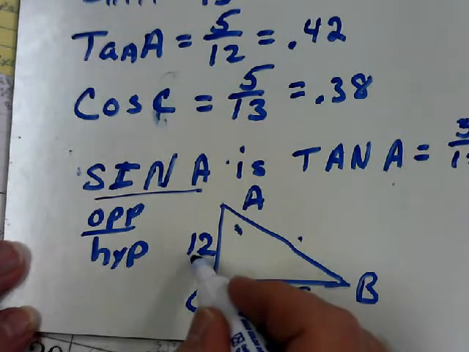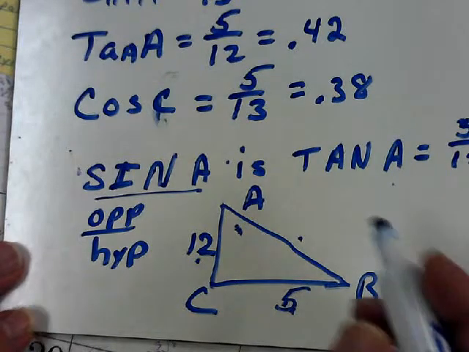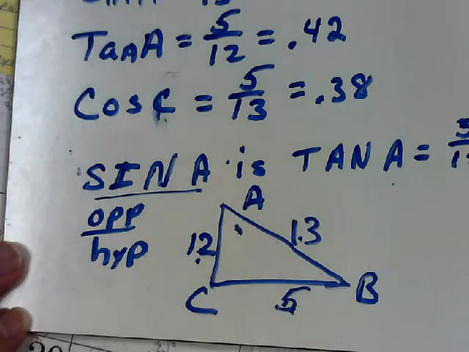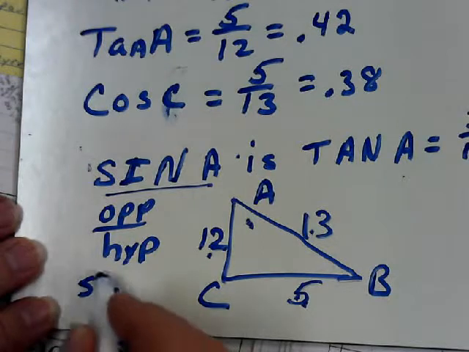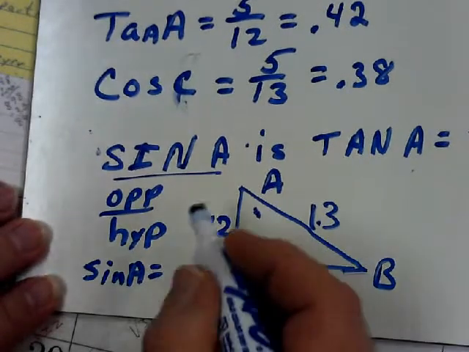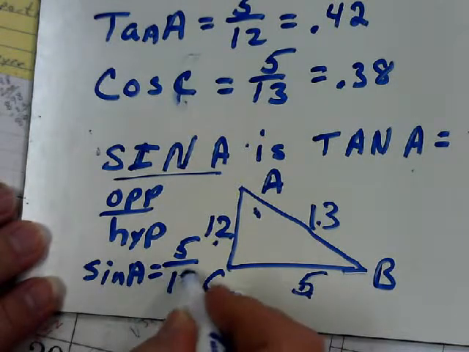So 12 squared is 144 plus 5 squared is 25, which means that's 169, which square root of that is 13. So can I find the sine of A? Yes. The sine of A, opposite over hypotenuse, which now would be 5 over 13.